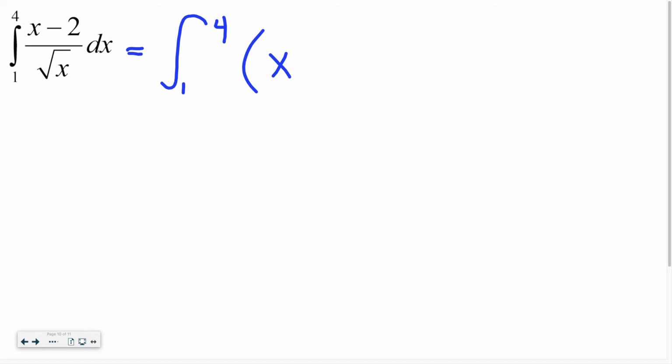But then you would need to go one step further and write it as x to the 1/2 minus 2x to the negative 1/2, so that you had individual terms where you could use the power rule. Yeah, you mean like distribute? Yes. Sorry. Just wanted to make sure we were all on the same page.